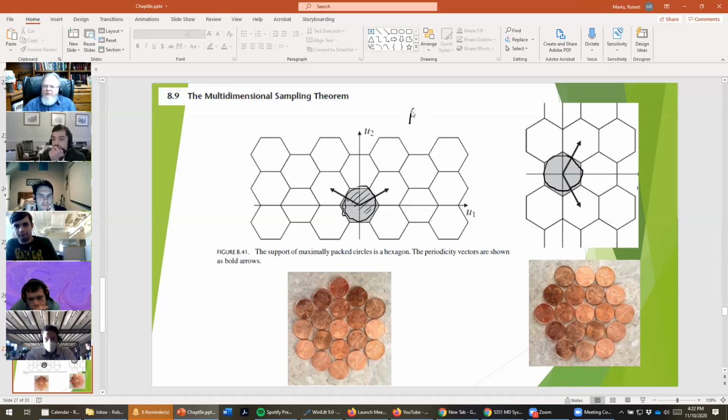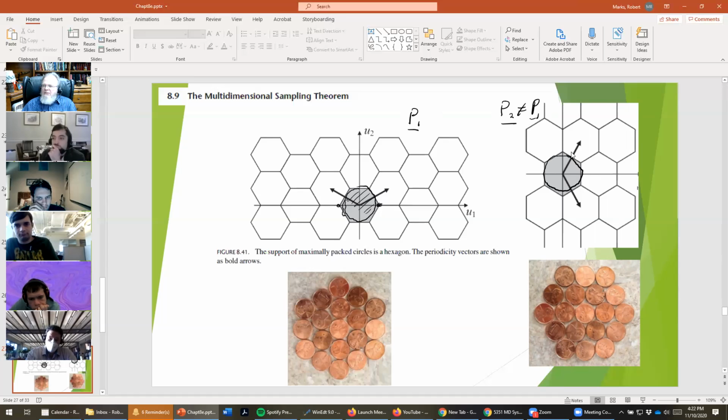And we would have different values of P1 and P2. So here we would have a value of P, let's call it P sub 1. Here we would have a different value of P, we'll call it P2. And P2, this periodicity matrix, is not going to be equal to P1. Of course, they're going to share the same magnitude of the determinant, aren't they? And notice that this replication has the pointy side of the hexagon on the right and left.